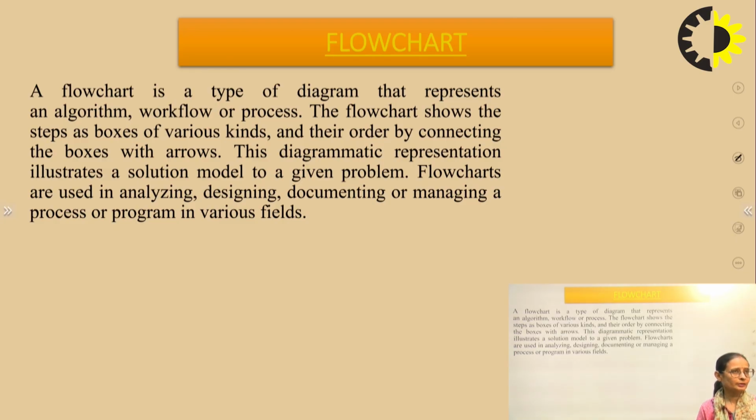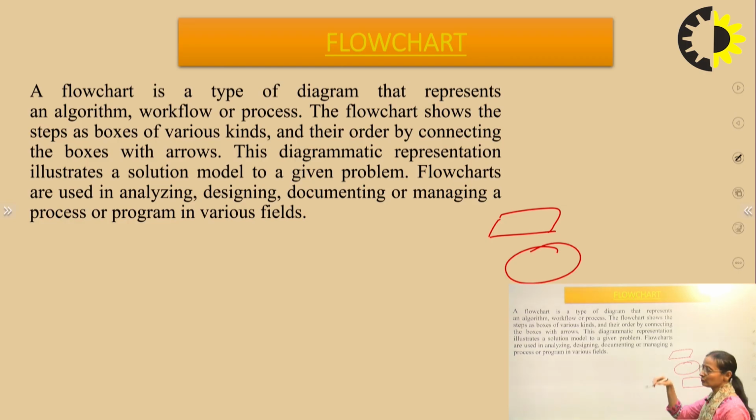So a flow chart is a type of diagram that represents an algorithm, workflow or process. The flow chart shows the steps as boxes of various kinds. That is, we are using symbols, for example, this, this, this. These are the various symbols which we are going to use in a flow chart. And we are connecting these symbols with the help of arrows.